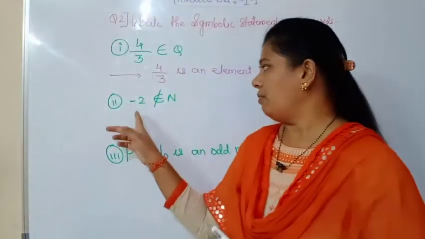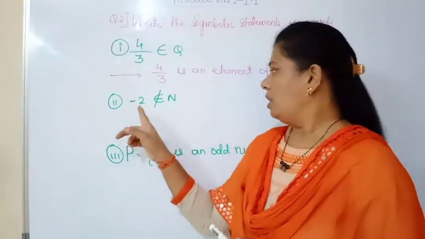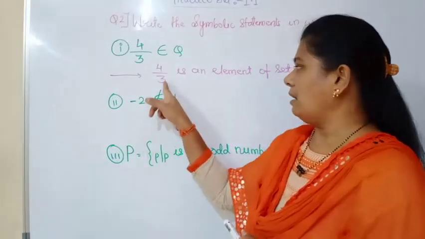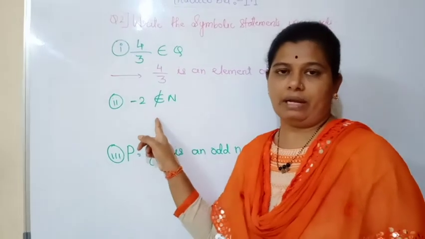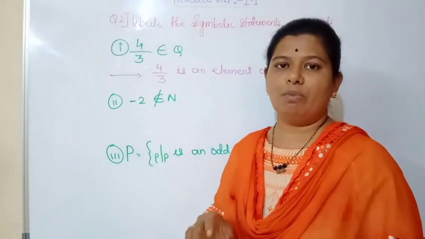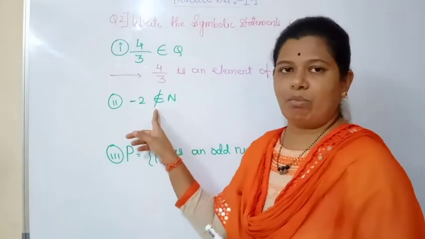Now the next question, question number 2. In the second one you can see -2, the belongs to sign, and one slanting line. What is the meaning of this symbol?